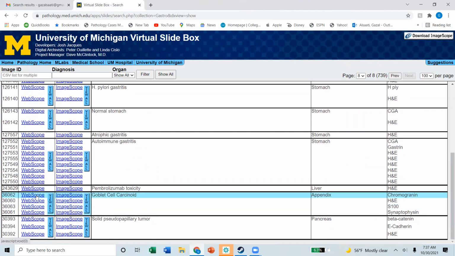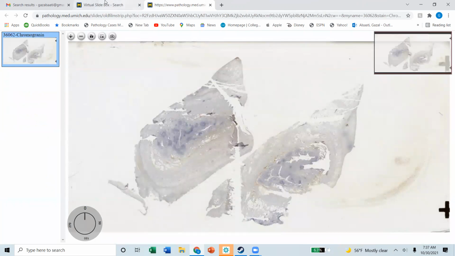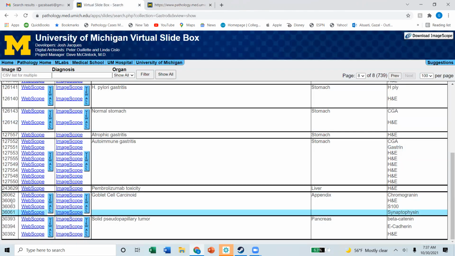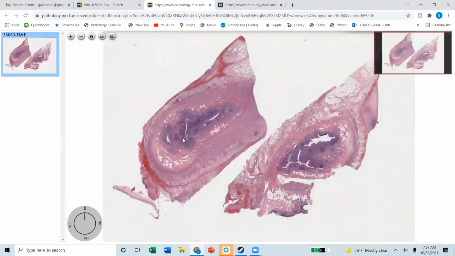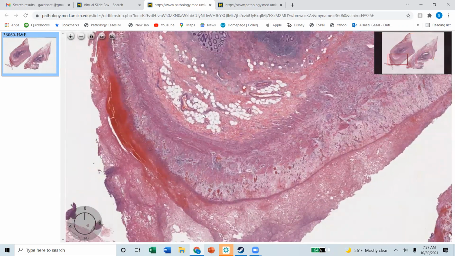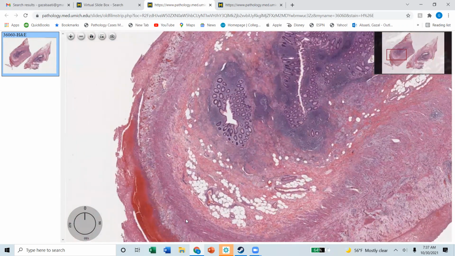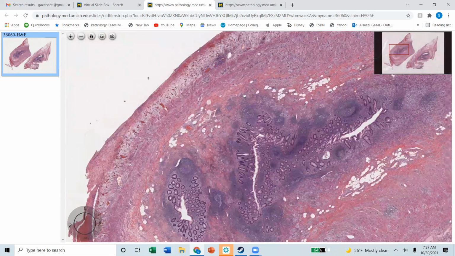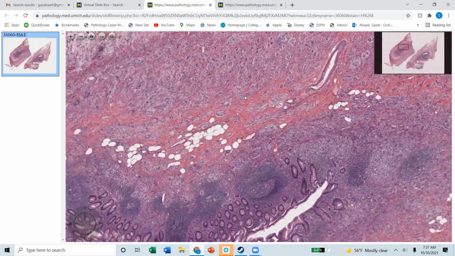Goblet cell carcinoid. We did it once before. I'm just going to go really quick on it, just to tell you how subtle it is. I think we did it on Path Presenter, I remember, or something. So where am I going to look for my goblet cell carcinoids?